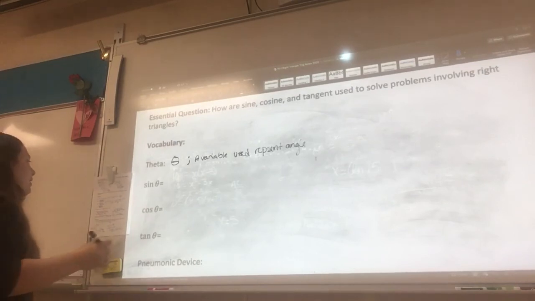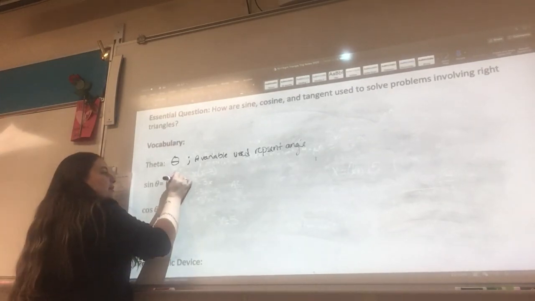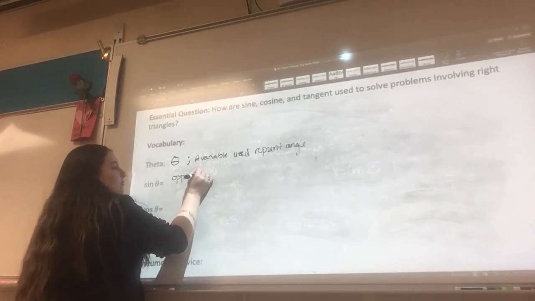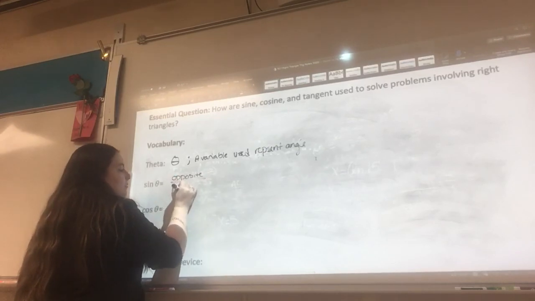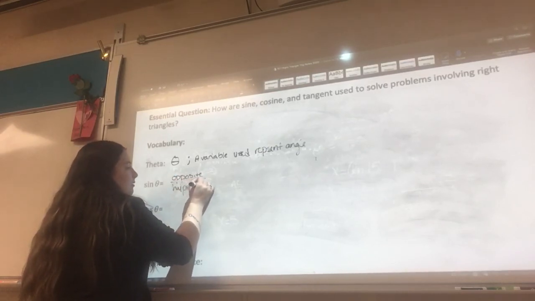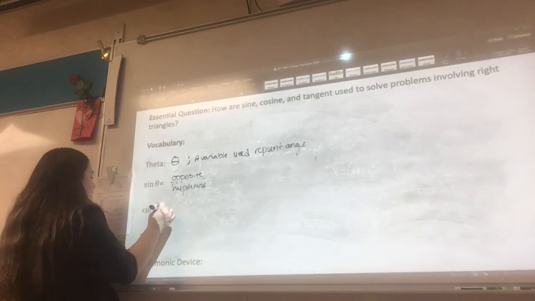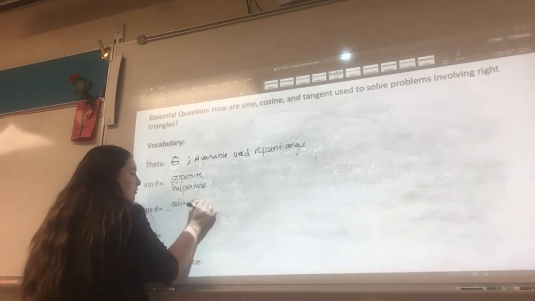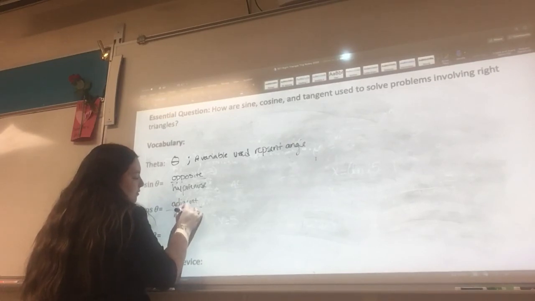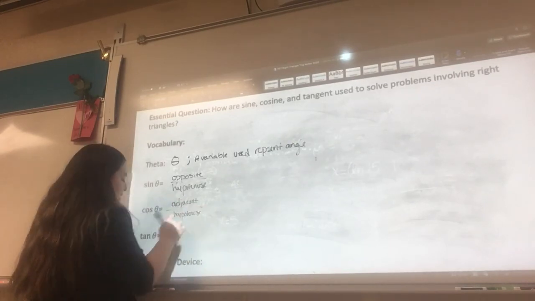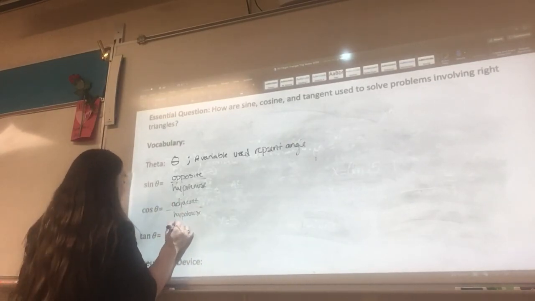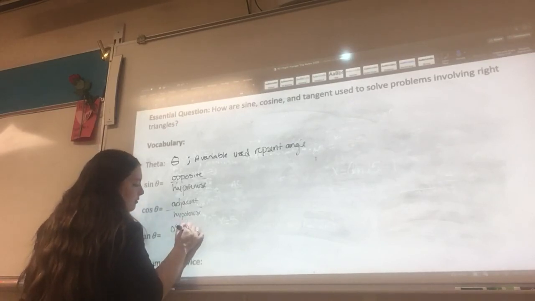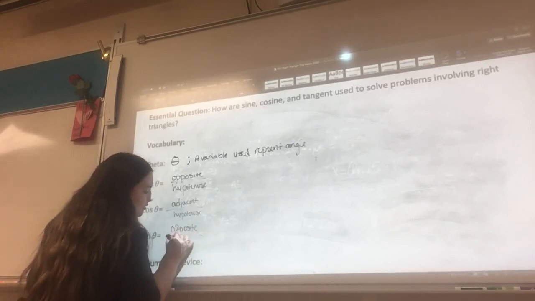Sine of theta, if you remember, is opposite over hypotenuse. Cosine is adjacent over hypotenuse. And tangent is opposite over adjacent.